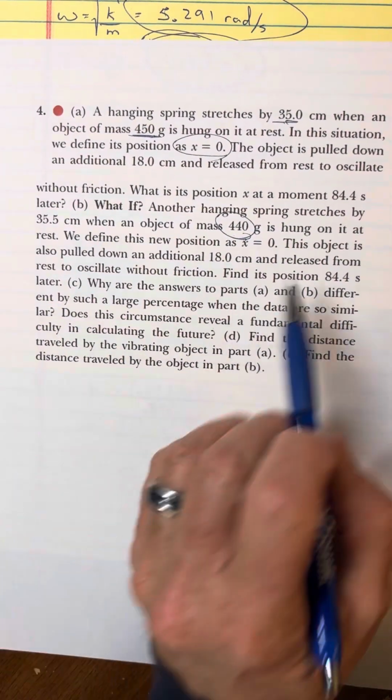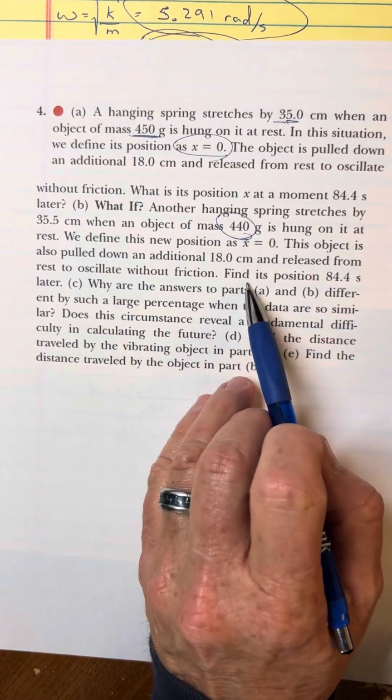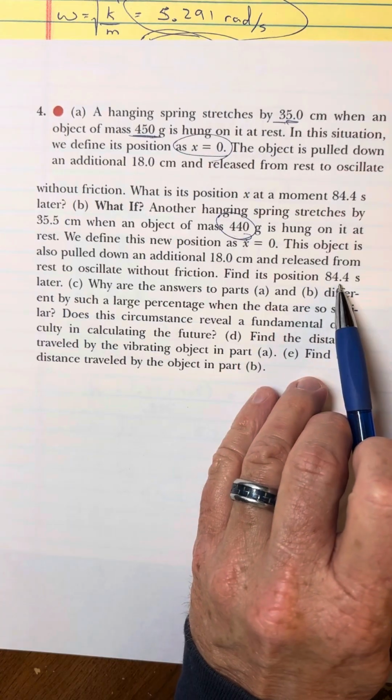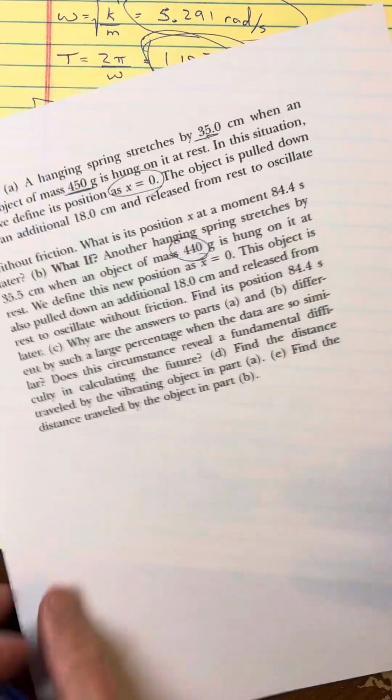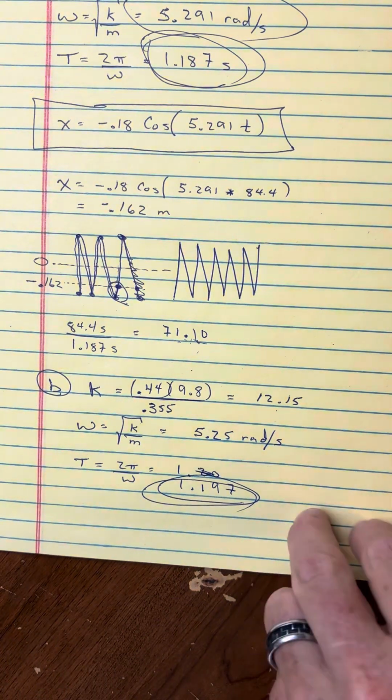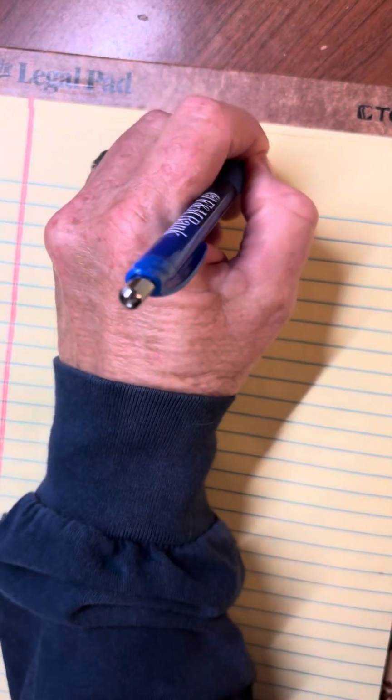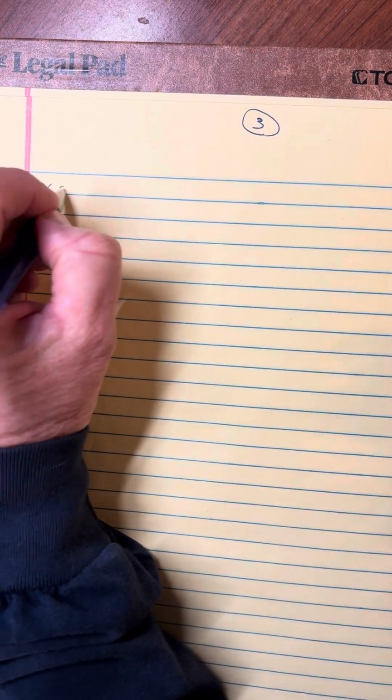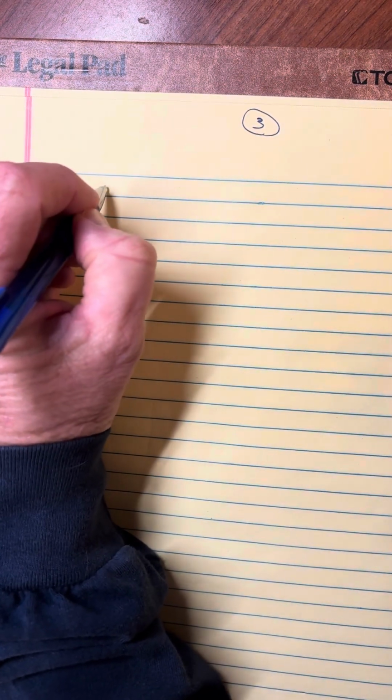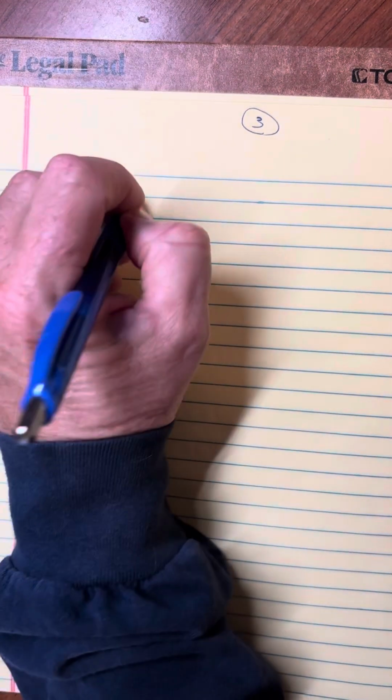And so when it asks, where is this object? Find the position 84.4 seconds later. I guess my equation would look something like, okay, so let me go to page number 3. X equals, and so there's the negative because we pulled it down to let it go, and we pulled it down by 18 centimeters, so there's my amplitude.